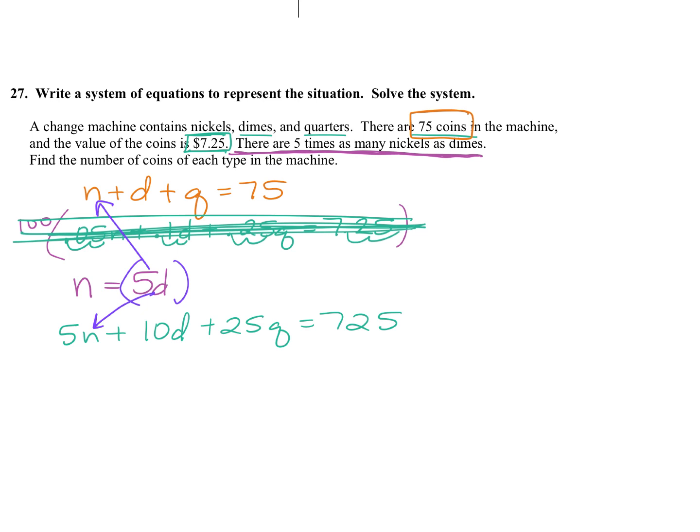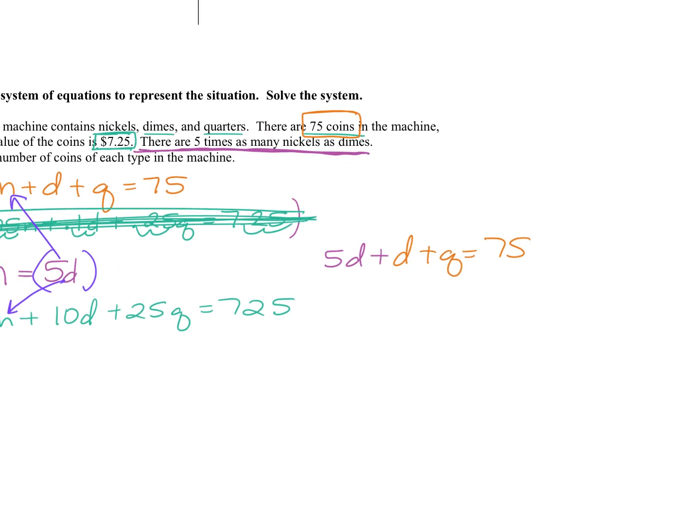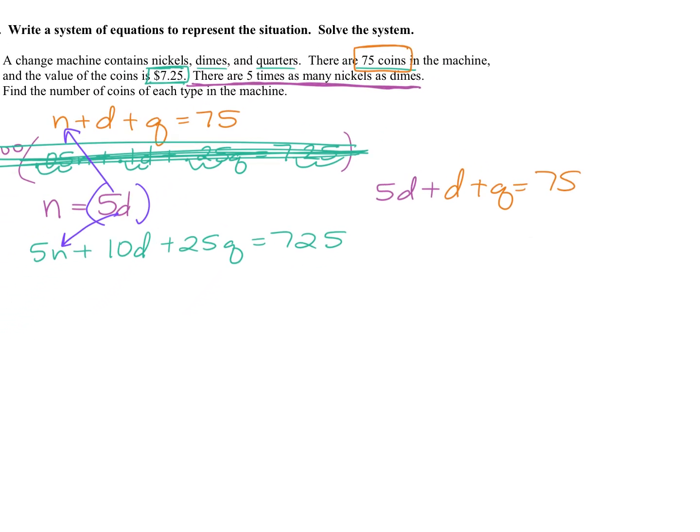Okay, so up top, my orange equation, it's going to be 5d plus d plus q equals 75. And we can simplify that. 5d plus d is 6d plus q equals 75. Okay, so there's one equation that we're going to work with.